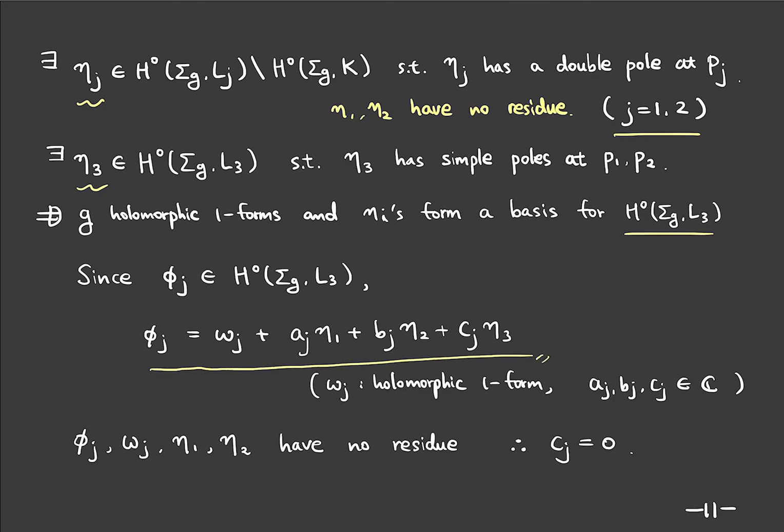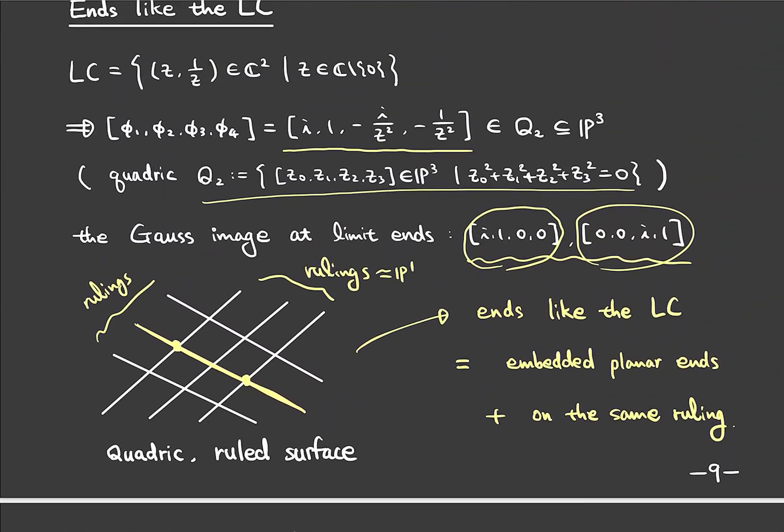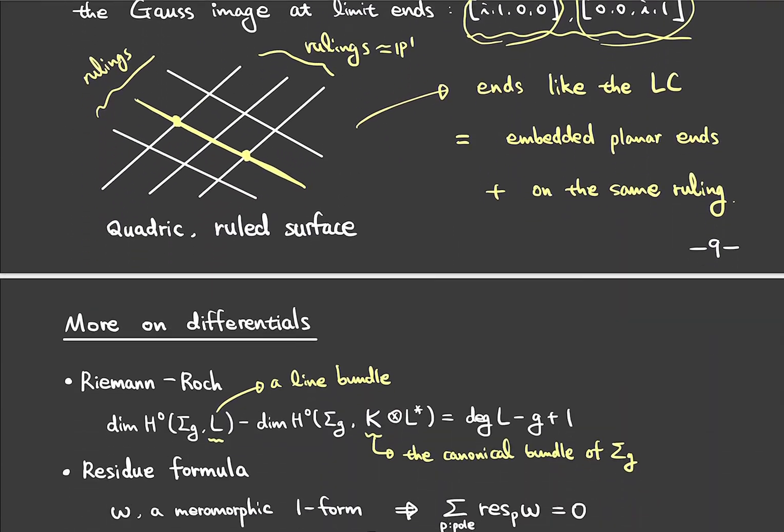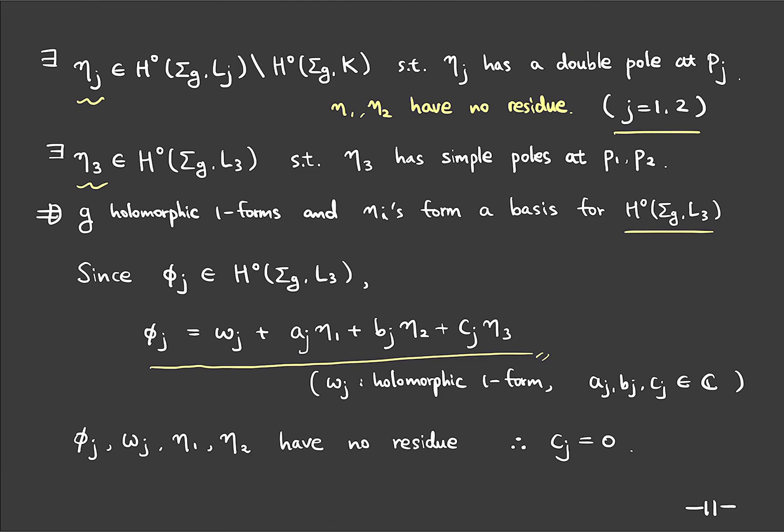Here omega j is a holomorphic one form and its coefficients are in the complex field C. Because phi j, omega j, eta 1 and eta 2 have no residue, here by the round number 4, phi j has no residue, and so we may conclude that Cj must be 0.